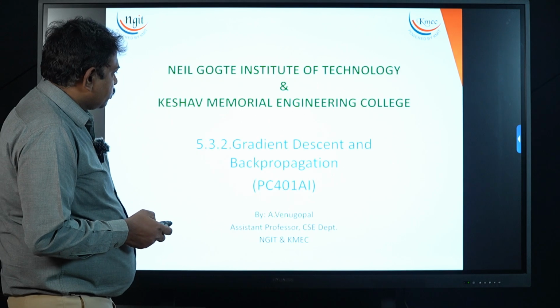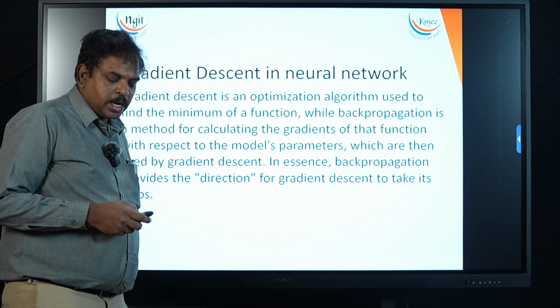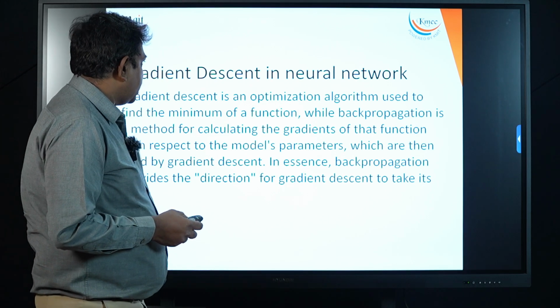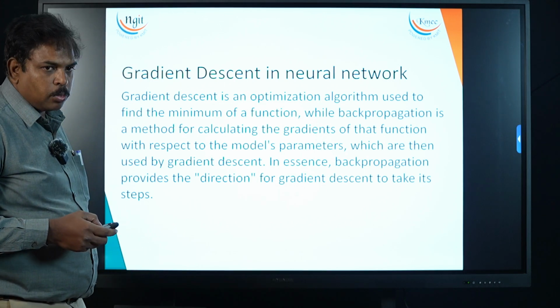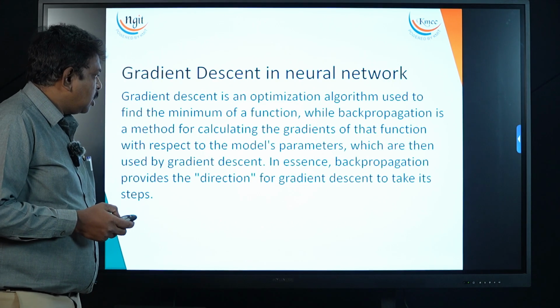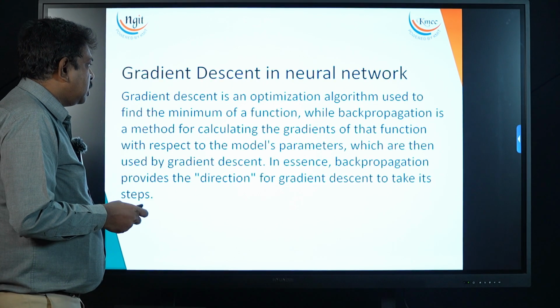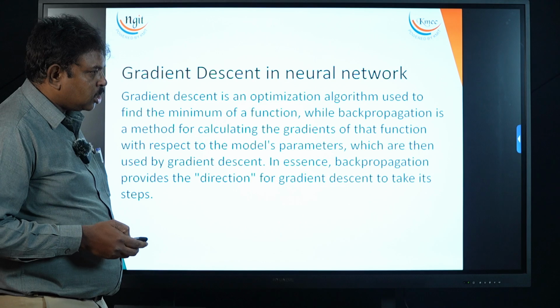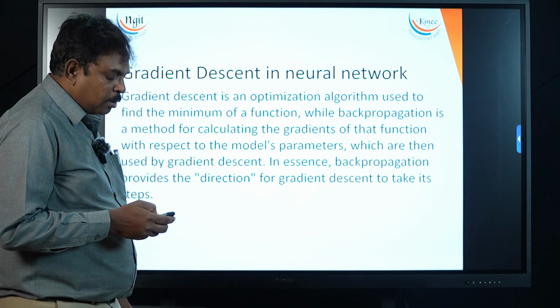So then again this network relearns by adjusting its weights through gradient descent and backpropagation. This is one of the important processes in the learning of a neural network. Gradient descent is an optimization algorithm that is used to find the minimum of a function.